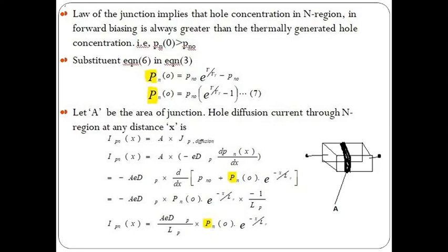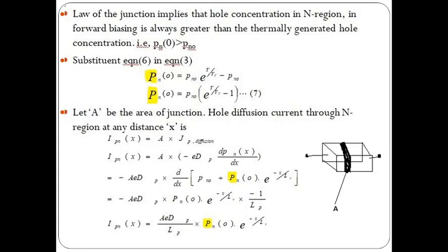So now the electrons are crossing the junction, and holes are also crossing the junction. So now we are calculating the hole diffusion current. For that we should know the area of the junction. So let us assume the area of the junction equals A. The hole diffusion current through the n region at any distance x is Ipn of x equals A into Jp diffusion.